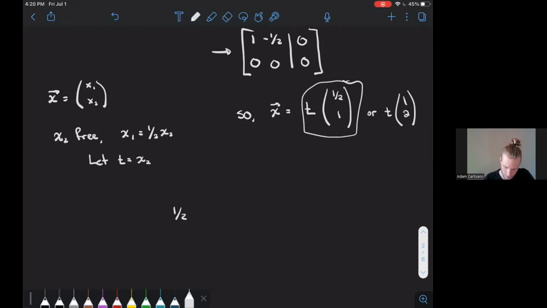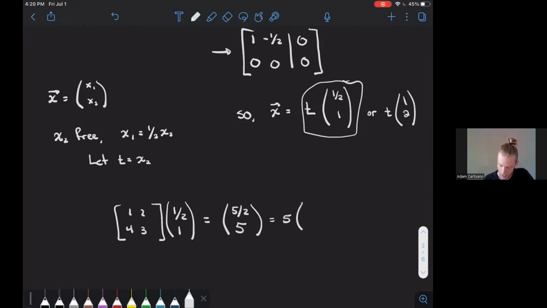So let's do these two. Take 1/2, 1 and multiply by 1, 2, 4, 3. And what do you get? Well, you get 5 halves and 5, which is precisely 5 times 1/2, 1.